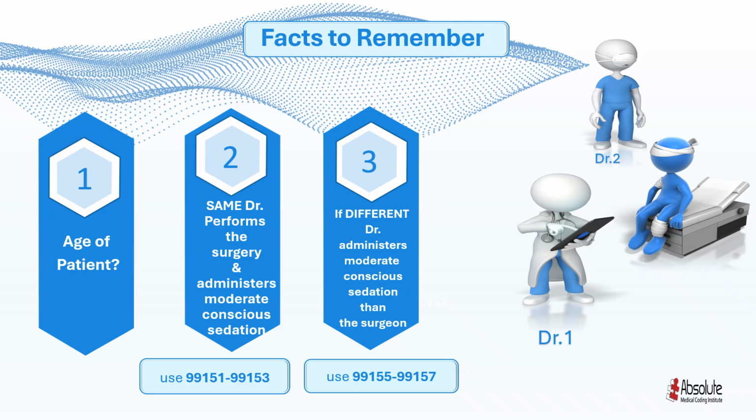So over here, Dr. 1 does the procedure, and Dr. 2, who is specialized in anesthesia, provides the moderate conscious sedation. In such cases, you have to use a code series ranging from 99155 through 99157. So these are the three important facts to remember while coding conscious sedations.